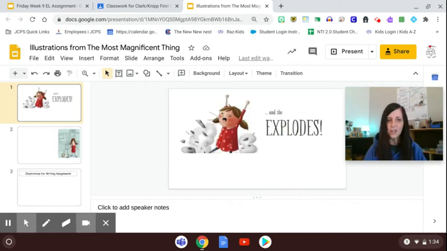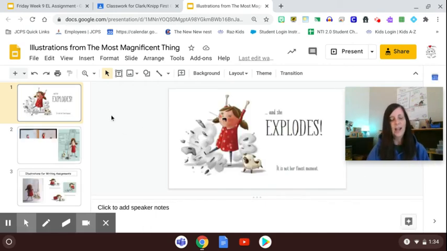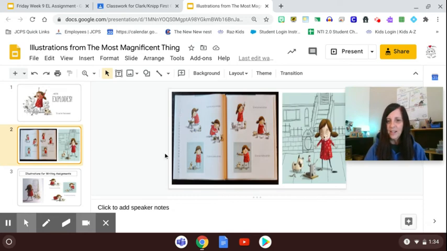So let's let it load. Right now, the one on the top is where she explodes. What habit of character was she showing there? Was she showing any habits of character there? Probably not. And then here it shows when she came up with her idea and she was working hard at all of her ideas, and there's a bunch of different illustrations.